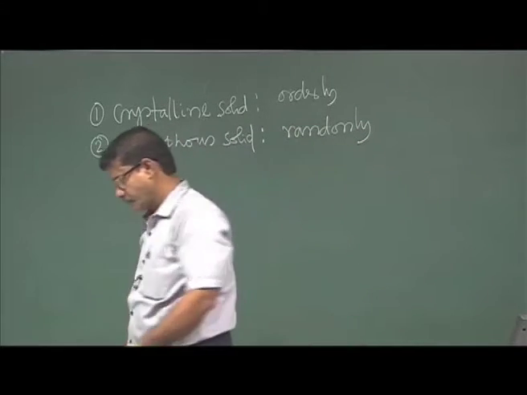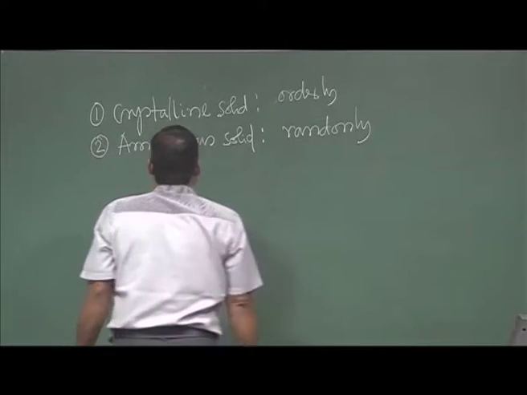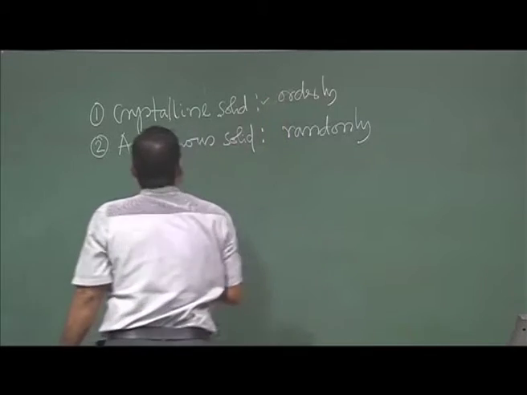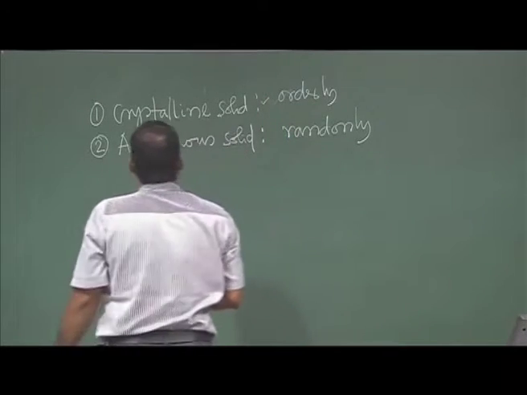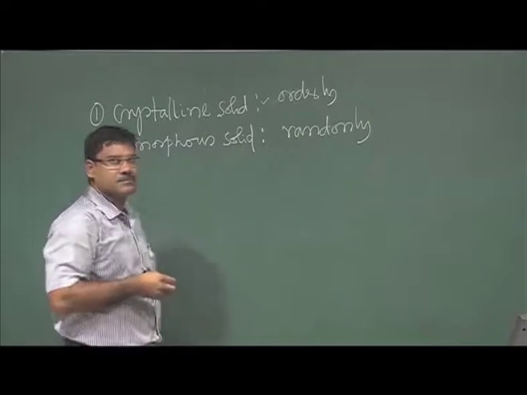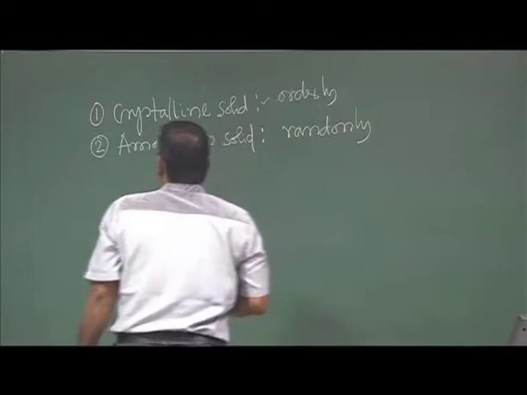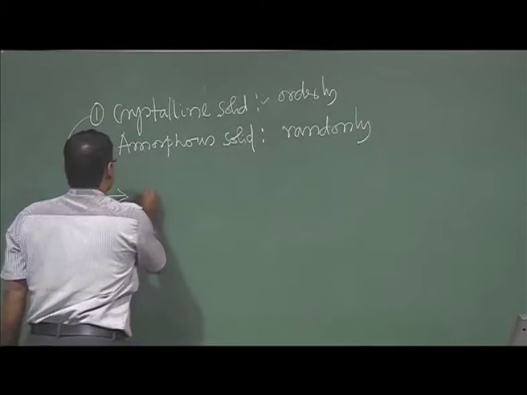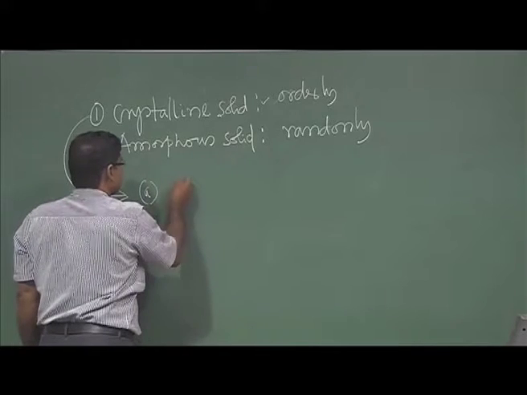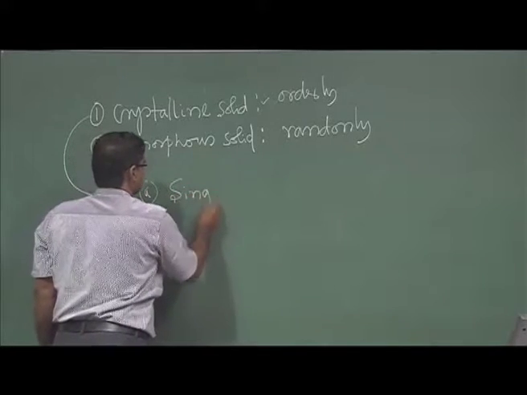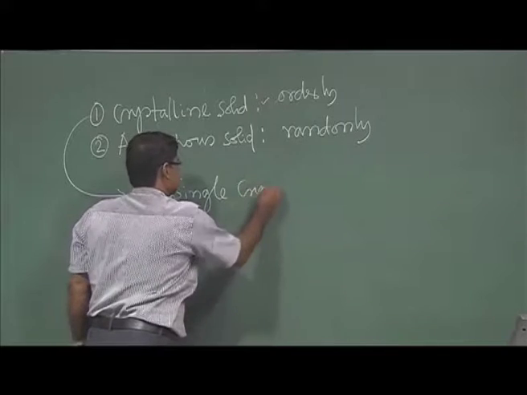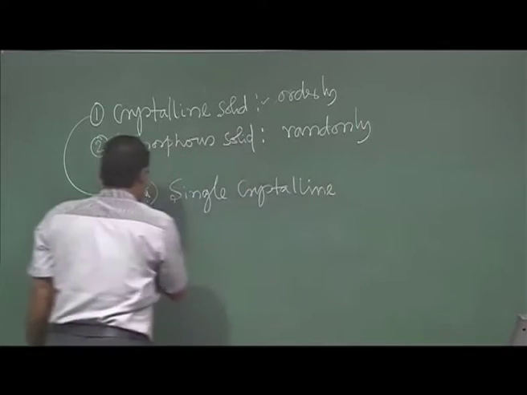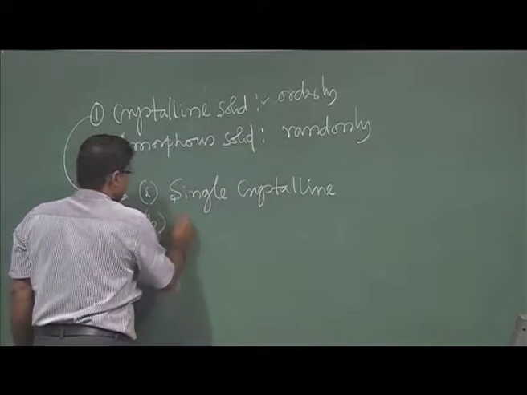Okay. So, crystalline solids again are of two types. One is single crystalline solid, and another is polycrystalline solid.